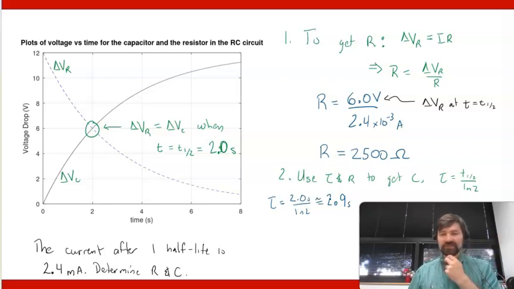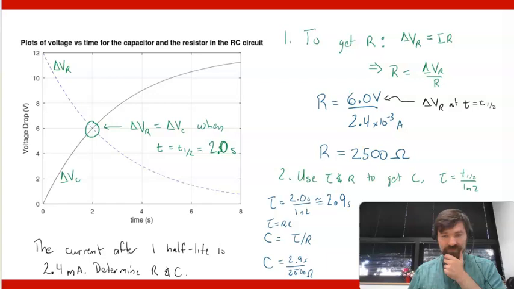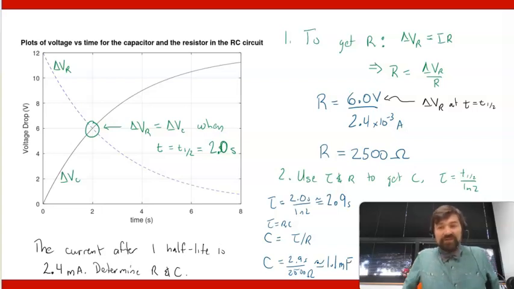You can retain the digits for the calculation. And so that means that C, since tau is equal to RC, C must be tau divided by R. And so C is 2.9 seconds divided by 2500 ohms, which gives us a value of 1.15 times 10 to the minus 3. So we could call that 1.1 millifarads. So that's your basic process.